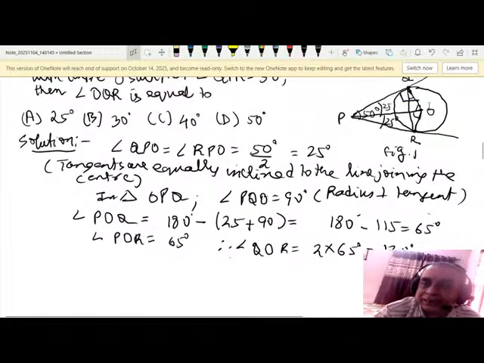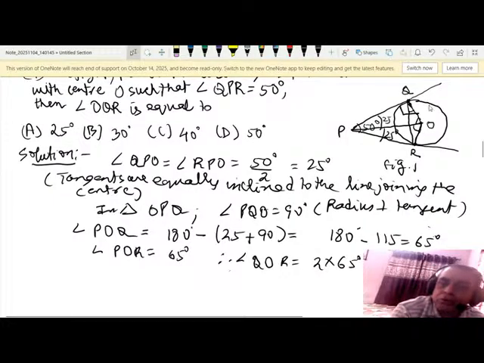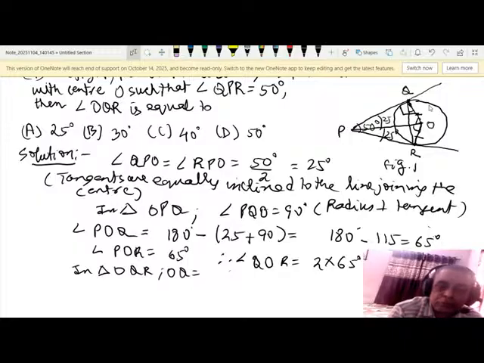Now in the triangle OQR, OQ and OR are equal in length. So in the triangle OQR, OQ is equal to OR, radii of the same circle.